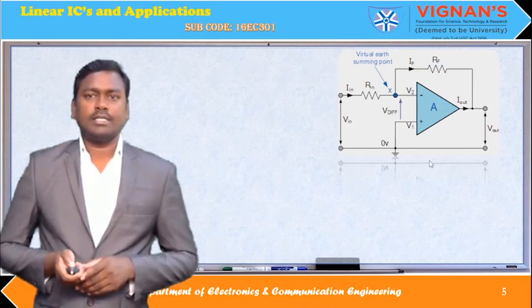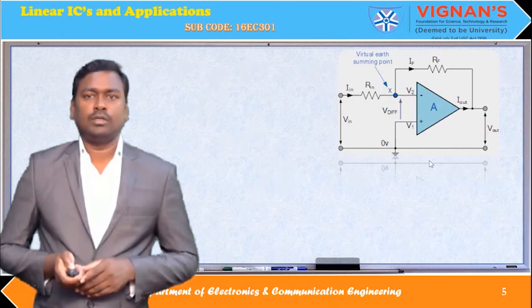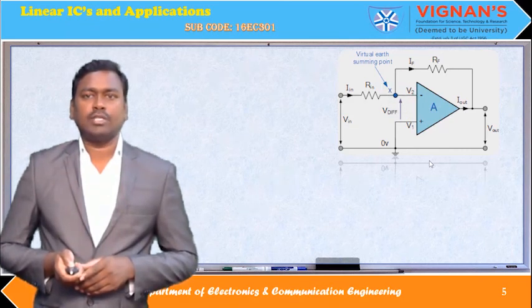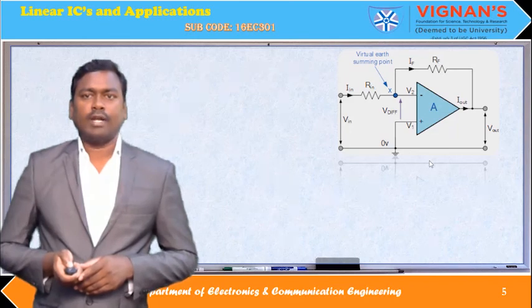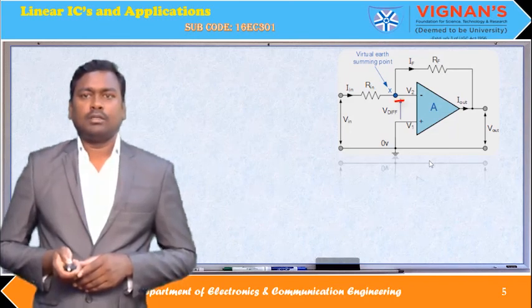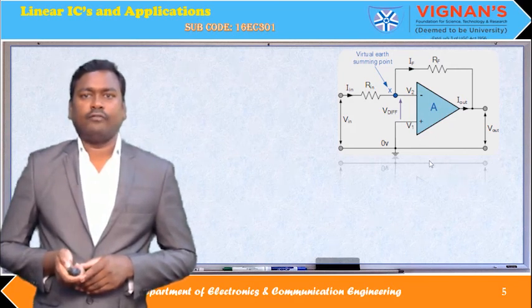If you take KCL equation at node V2, sum of entering currents are equal to sum of leaving currents. For ideal op-amp, the terminal currents are 0, therefore IN equal to IF.